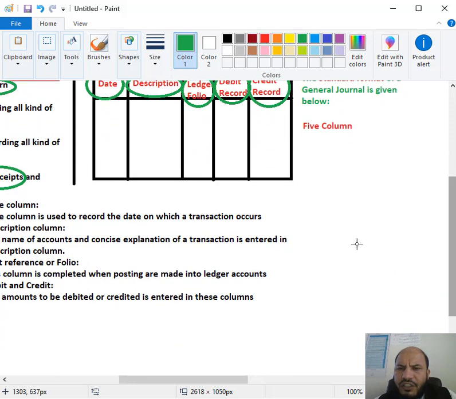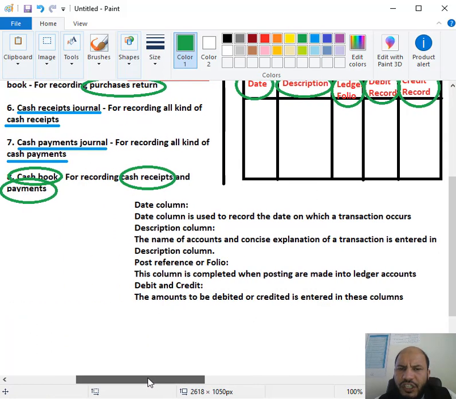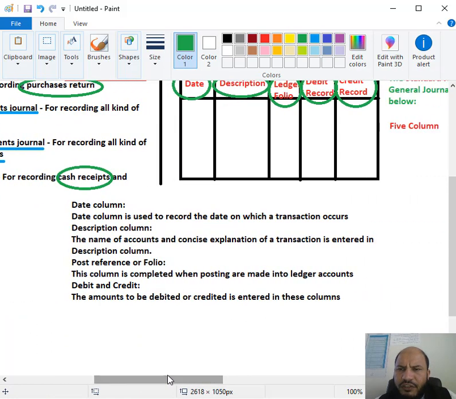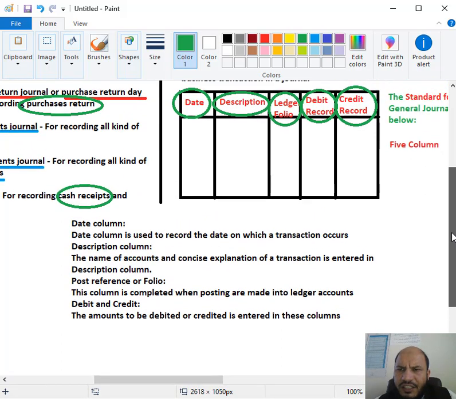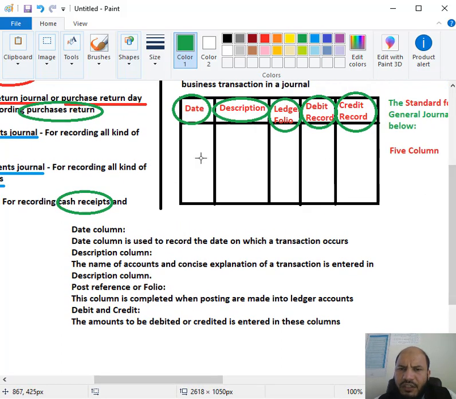Dear students, let's explain each and every column that we have mentioned in the table. The first column is the date. Let's explain what we are using the date column for. The date column is used to record the date on which the transaction occurred.